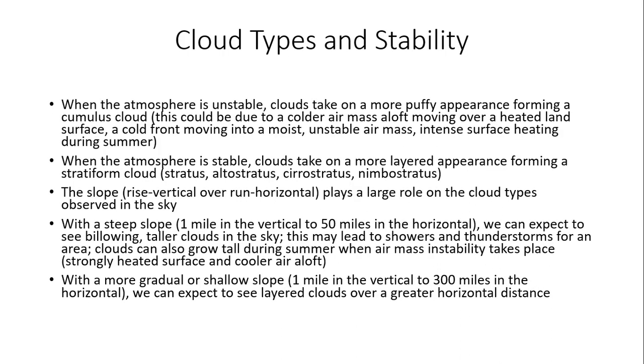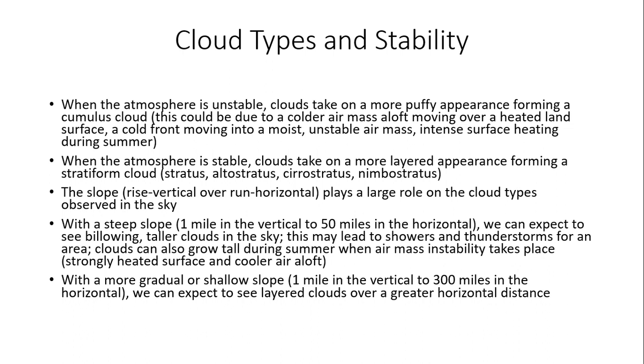All right, so now let's turn our attention to cloud types and stability. Generally, you have a couple conditions of the atmosphere I'm going to talk about: an unstable atmosphere as well as a stable atmosphere. When the atmosphere is unstable, clouds are going to take on a more puffy appearance.